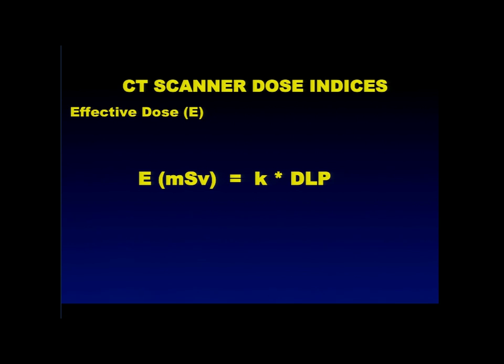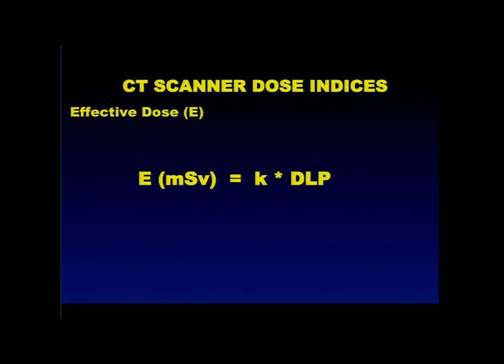And why is that? Well, here's our equation for calculating effective dose. And if you think about it, our effective dose, does it change, or is it inaccurate because CTDI vol is inaccurate? And the answer is no. Because what we actually did to develop the K factors was we measured the effective dose in phantoms.